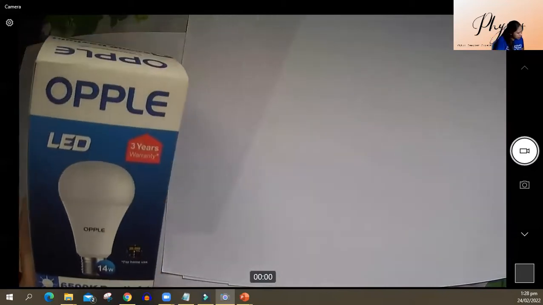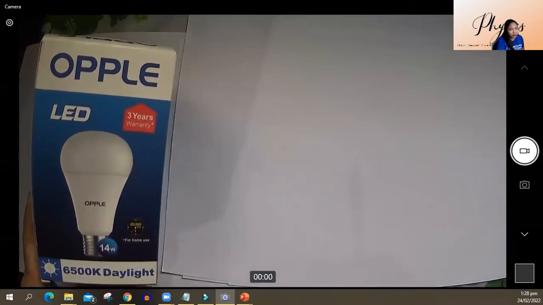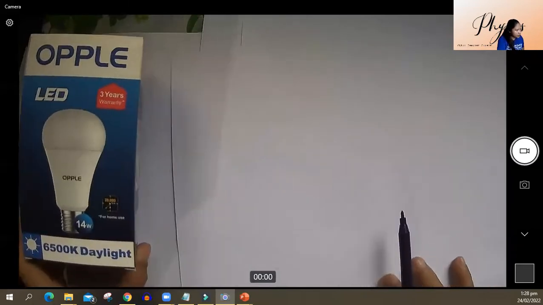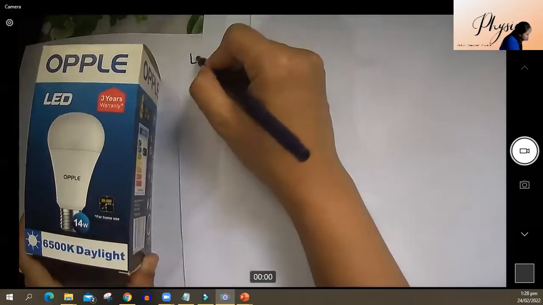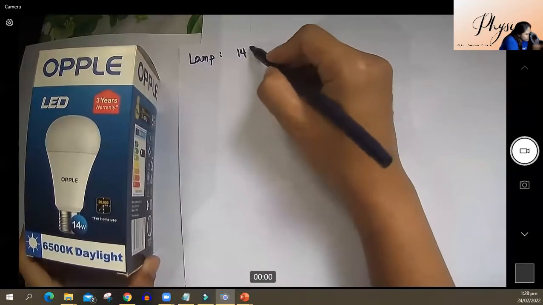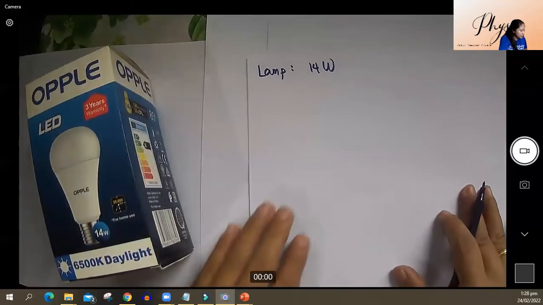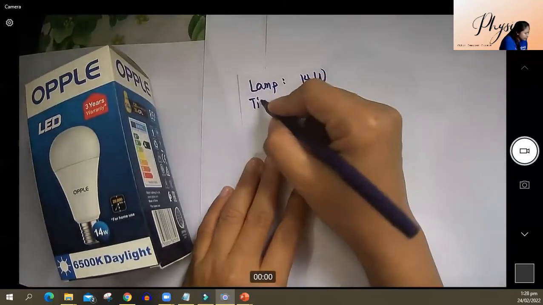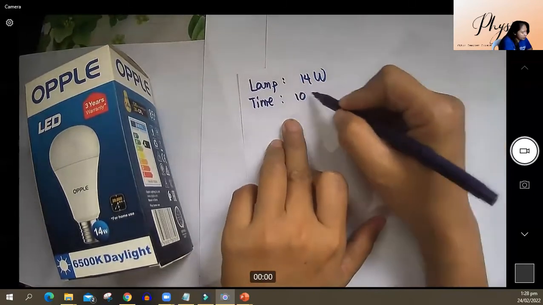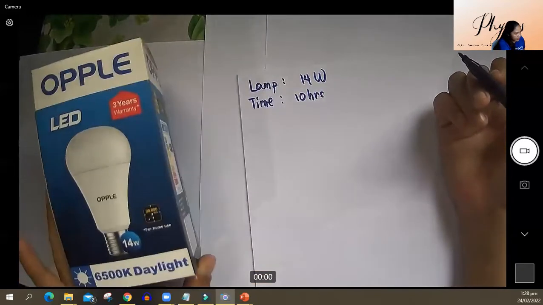And it shows here that this lamp has a power of 14 watts. Okay, 14 watts. So we'll use that one in our computation. And let's say the duration that you'll be using this in one day, the time is like 10 hours. So let's just say that you'll be using this for 10 hours in a day.